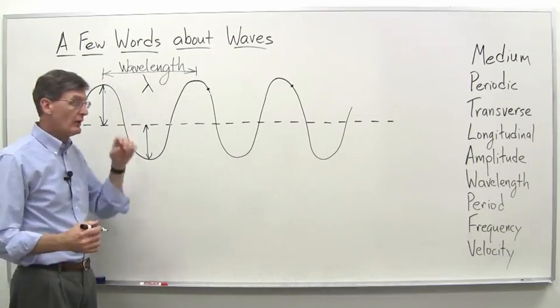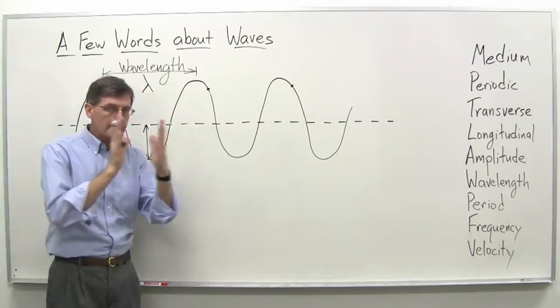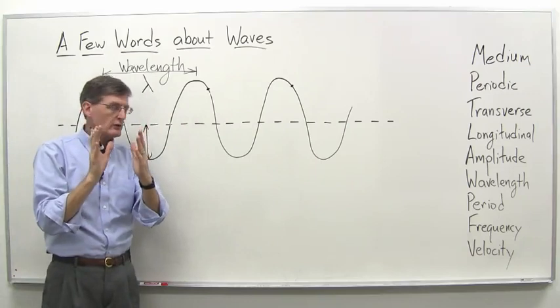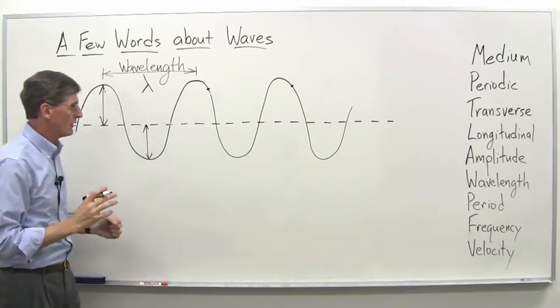So when we talk about a short wavelength wave, it means it's compressed more. You have more oscillations up and down within a certain length, say 1 meter or 1 foot or whatever you want to measure with.